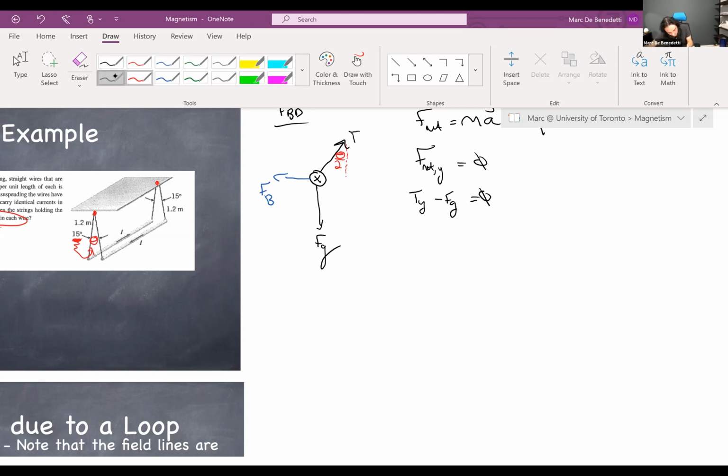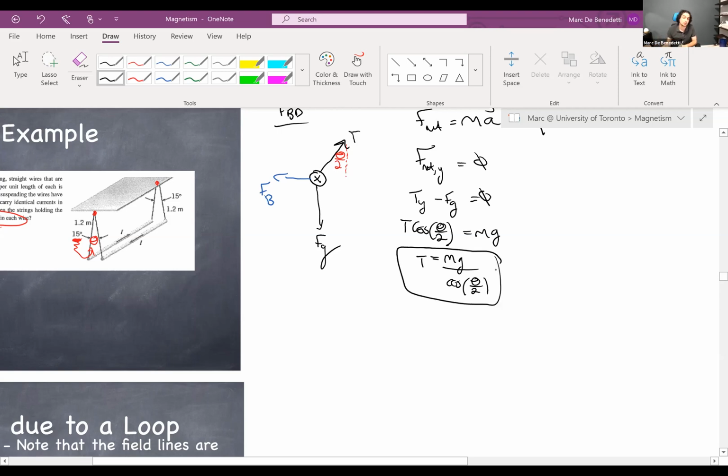So here, if I'm solving for tension, this is going to be tension in the y direction. So this is going to be T cos theta over 2 equals the force of gravity. So tension is going to equal mg over cos theta over 2.